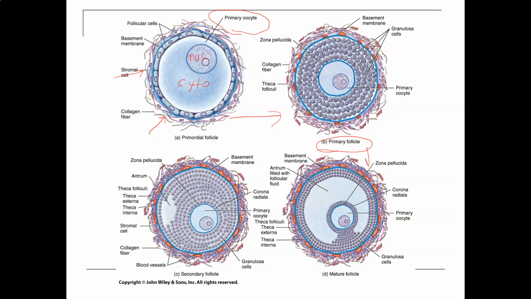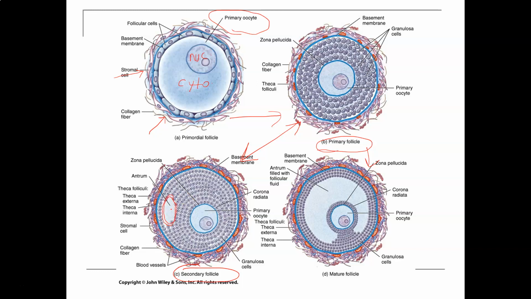Here's a little bit later on in follicle development. Okay, here's the next stage of follicle development where the primary follicle becomes a secondary follicle. Now, if you compare these two, how you mainly know you've moved into the secondary follicle stage is that you start to see a cavity develop.